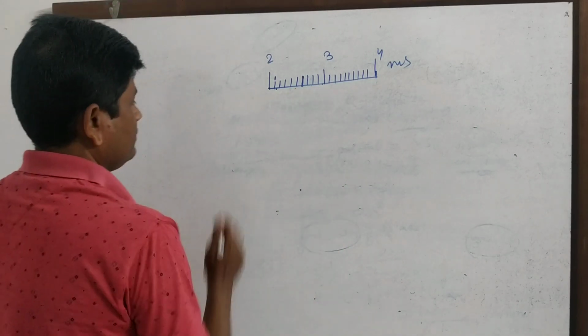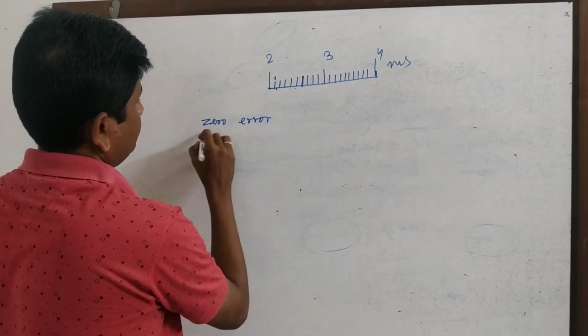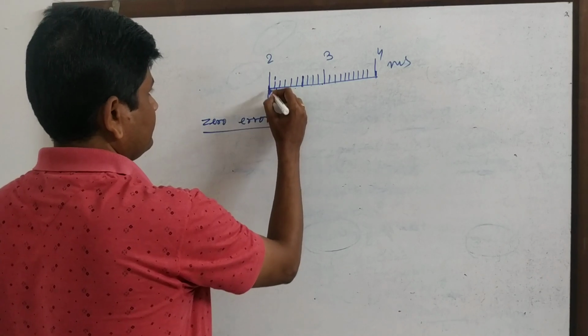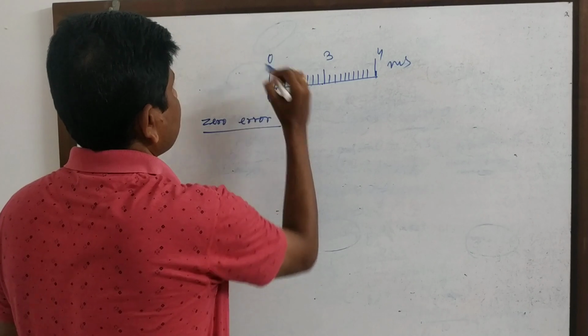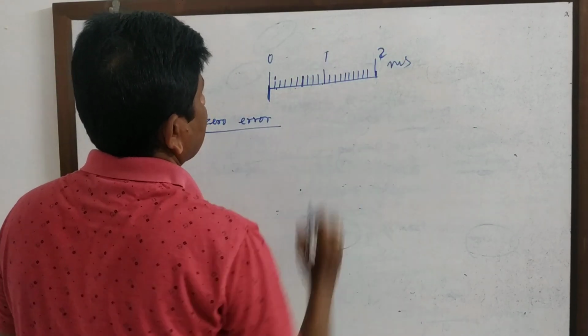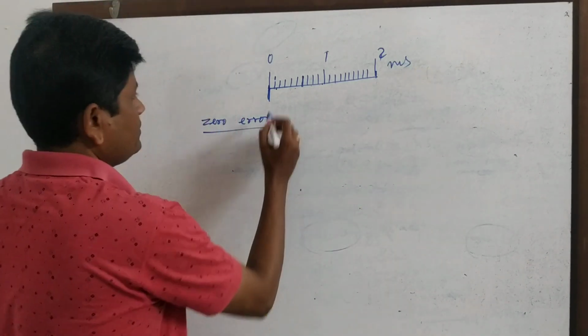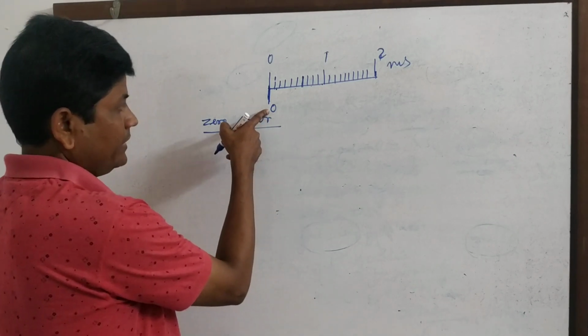What is a zero error? Let it be 0, 1 and 2. This is the main scale, this is the vernier scale, and this is the 0 of the vernier scale.